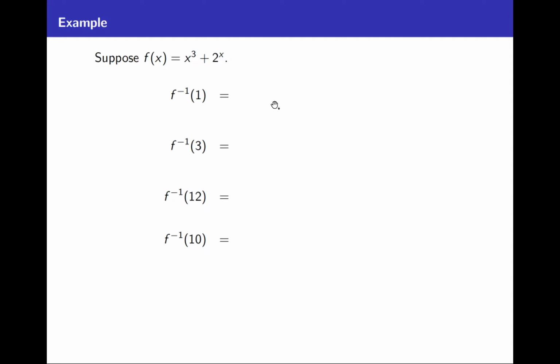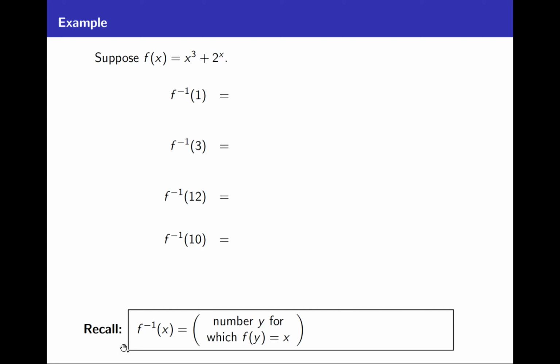And we're going to see if we can reason out f inverse of 1, f inverse of 3, f inverse of 12, and f inverse of 10. Now, remember here the rule for f inverse from the previous slide: f inverse of x is the number y for which f of y equals x.